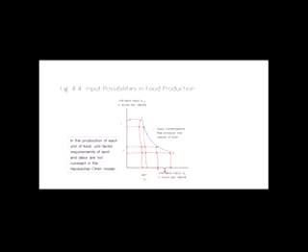We can produce anything within this red line. Let me mark that with blue. We can produce anything in this area. We cannot produce anything over here, in the red area.